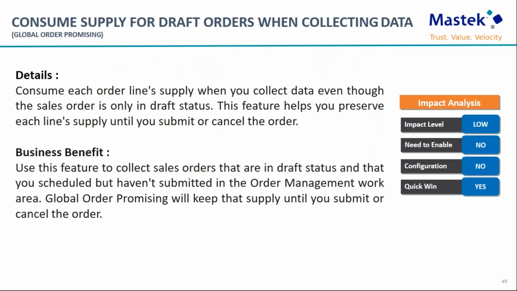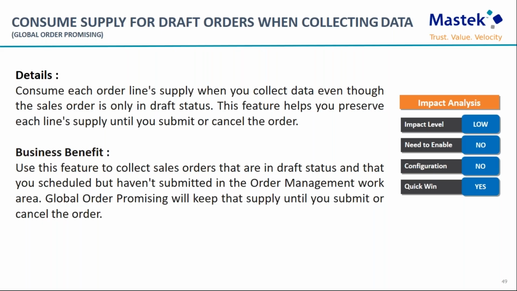The next feature is consume supply for draft orders when collecting data. This feature enables us to consume each order line supply when we collect data, even though the sales order is only in draft status. This feature helps us to preserve each line supply until we submit or cancel the order.